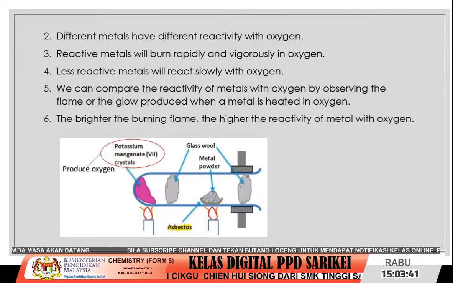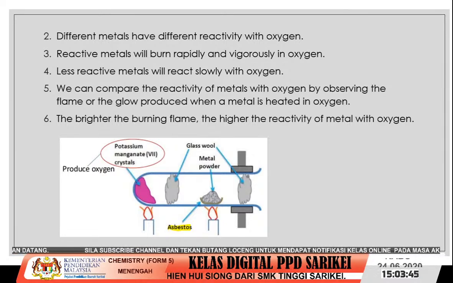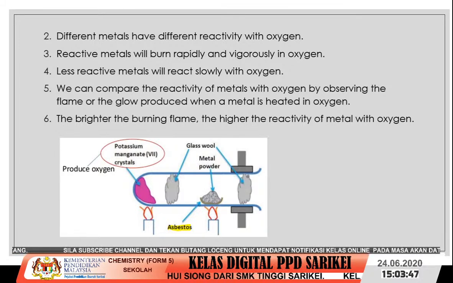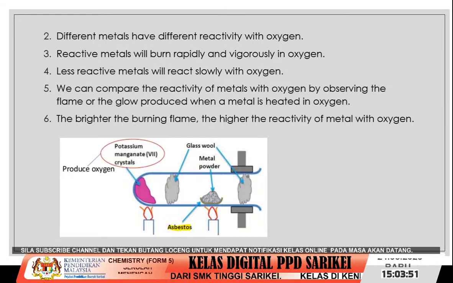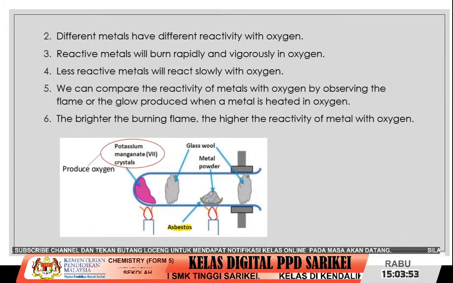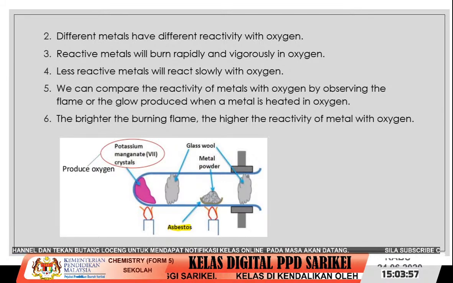Asbestos paper is a good heat insulator. It can help to save the combustion tube from cracking due to the thermal shock, because the burning of metal in oxygen is a highly exothermic reaction.